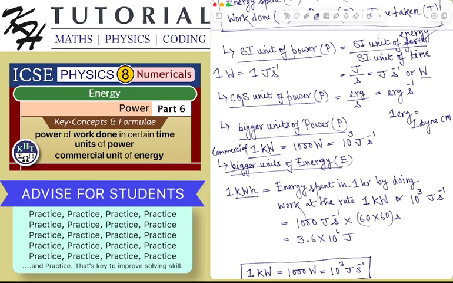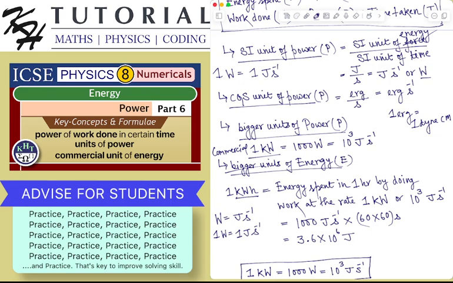It is energy spent in 1 hour by doing work at the rate of 1 kilowatt or 10 to the power 3 joule per second. How much will it be? What will be the energy spent in 1 hour by doing work at the rate of 1 kilowatt? We know that the energy spent in 1 second, remember that watt is equal to joule per second. That is 1 watt is equal to 1 joule per second.